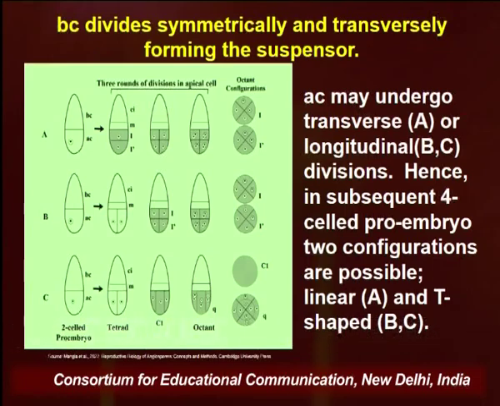In figure A, you see that the apical cell undergoes a transverse division, and we can see a linear row of 4 cells.